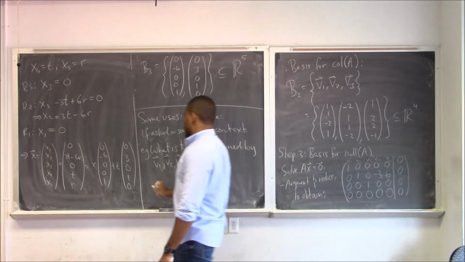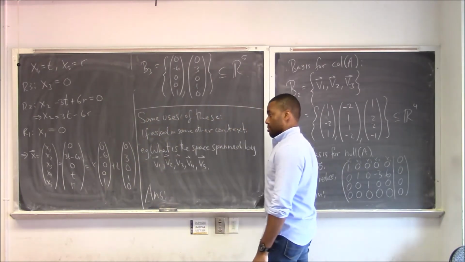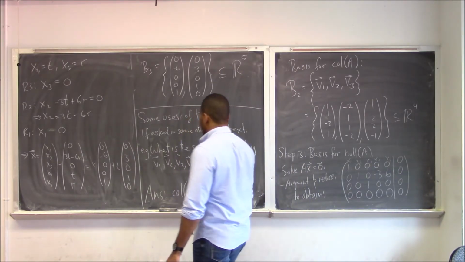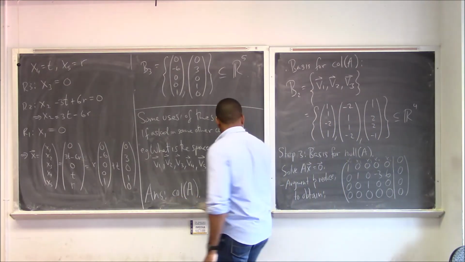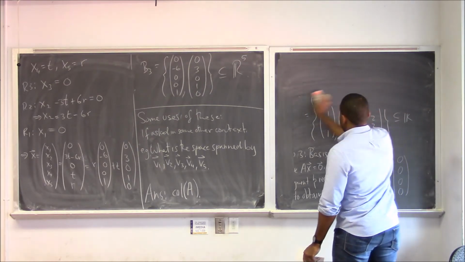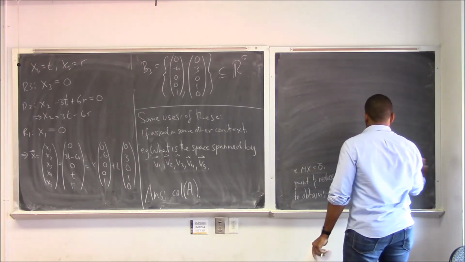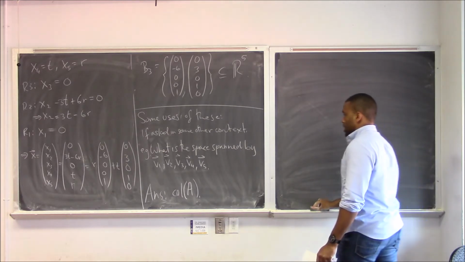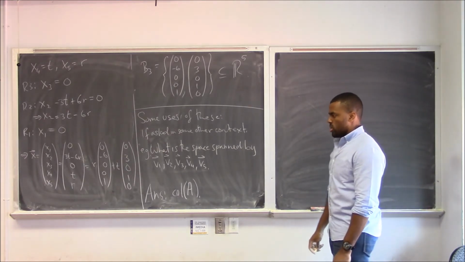Turns out that your answer to that question would be the column space of A. And the column space of A had how many vectors? 3, I think. There were 3.